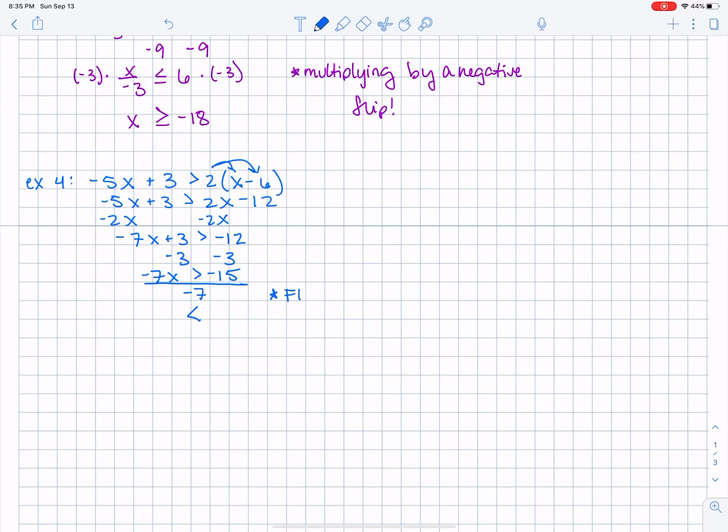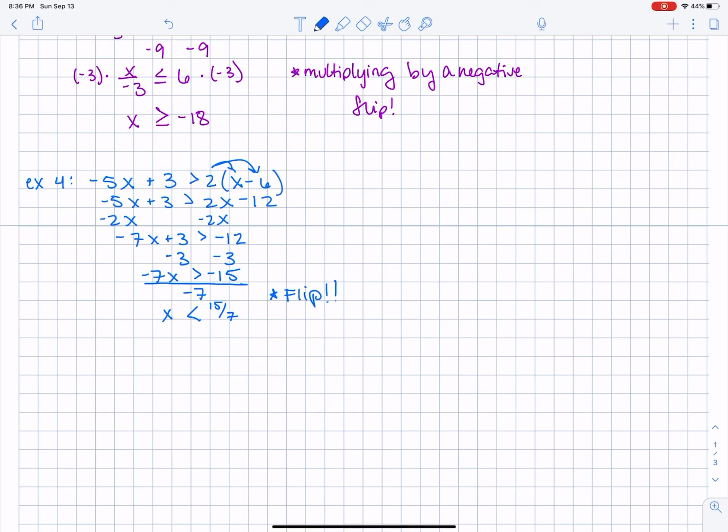This is the space where you flip. Flip that inequality because you divided by a negative. All right, and then this turns into x is less than positive 15 over 7. So really be careful there on your inequalities.